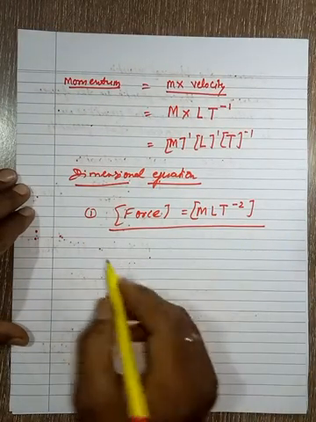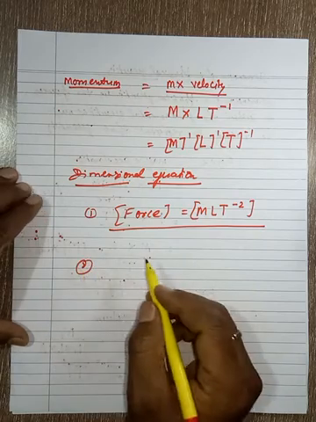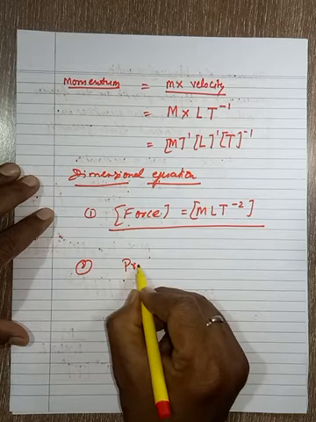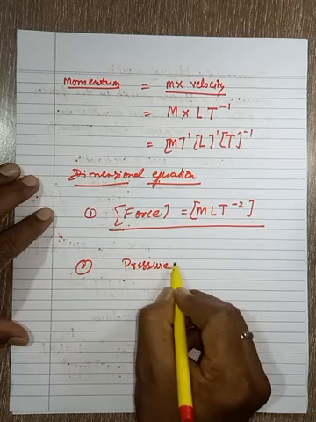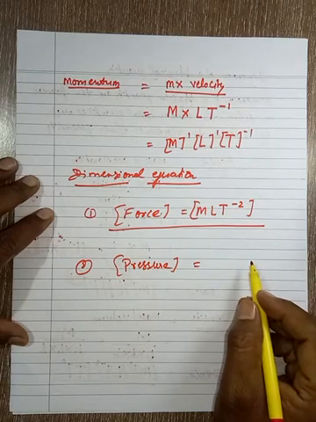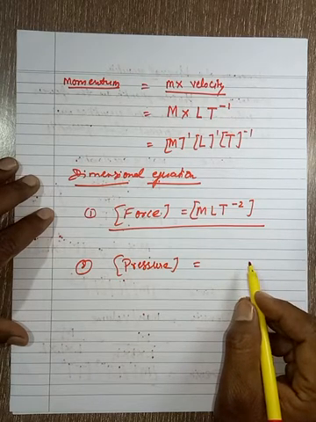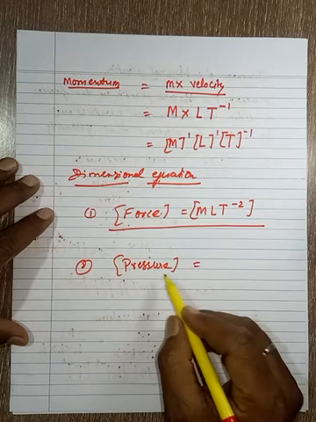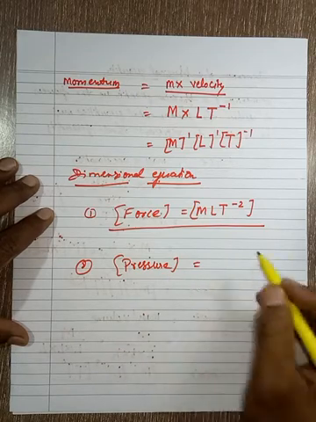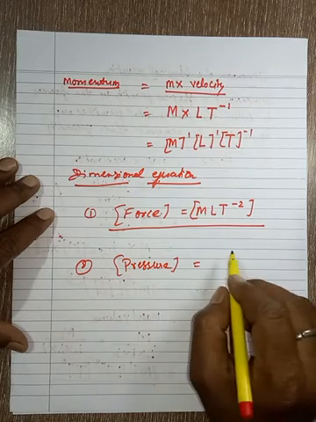Now, in a similar way you can take another example, that may be pressure. Now for pressure, what is the formula? What is the formula for pressure? That is force per unit area.